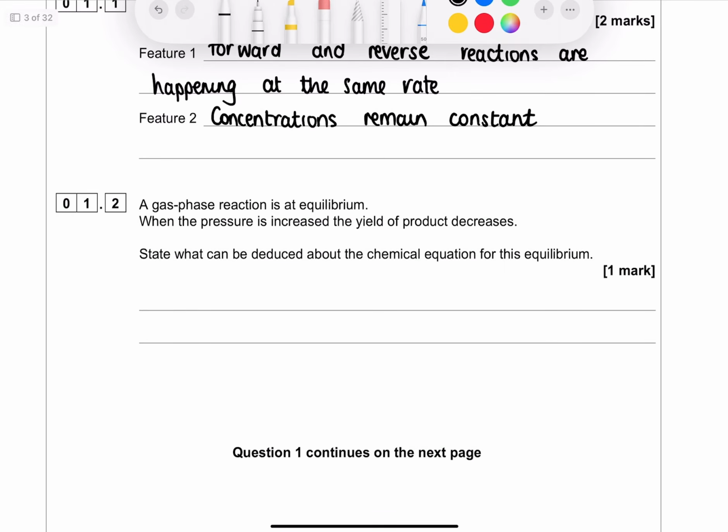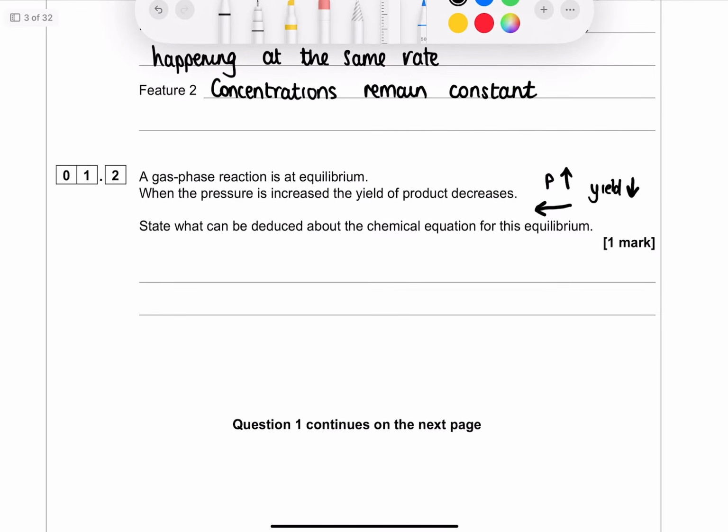A gas phase reaction is at equilibrium when the pressure is increased. So when P goes up, yield goes down. What that means is that equilibrium shifts to the left when pressure increases.